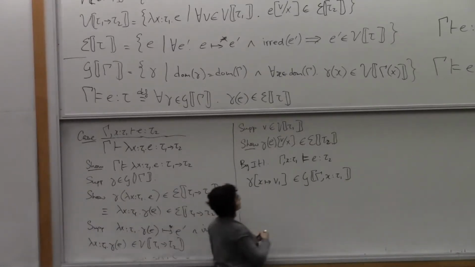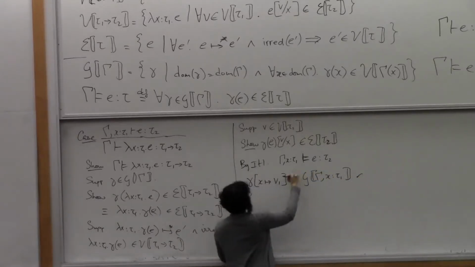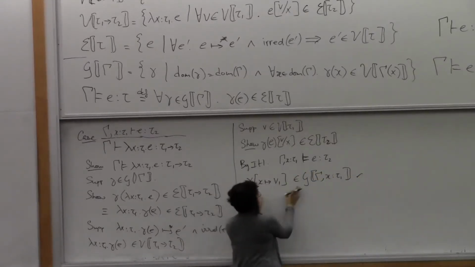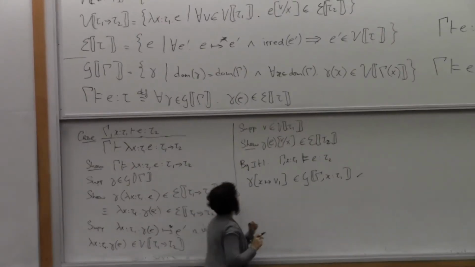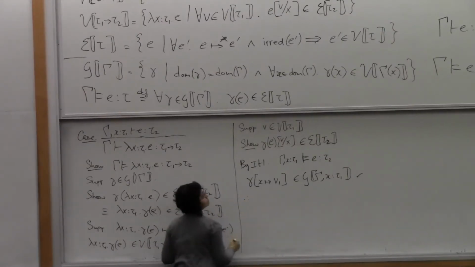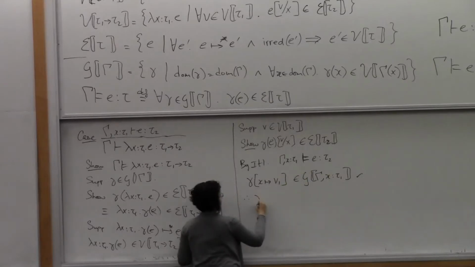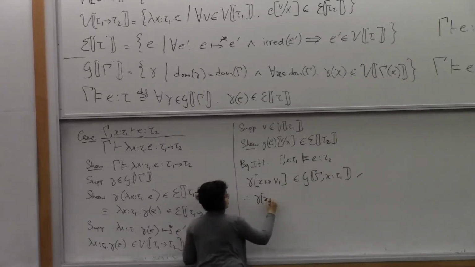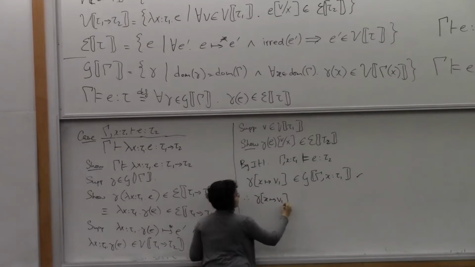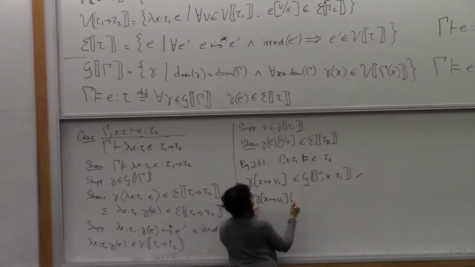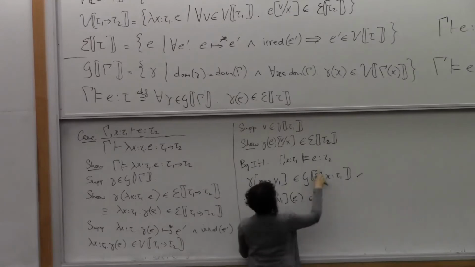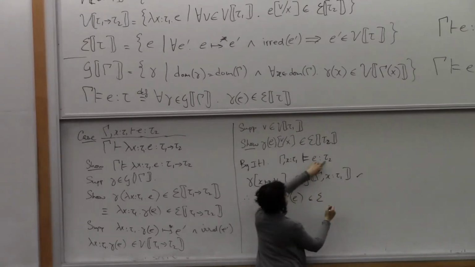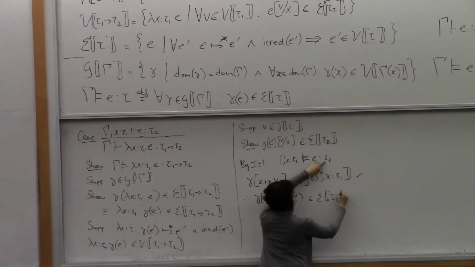So we have this fact. We instantiate this with this gamma, and note that it belongs to G of the extended environment. Therefore, we can immediately conclude that if we take this substitution, gamma with x mapping to v1, and apply it to this expression, that belongs to E of this type, tau 2.